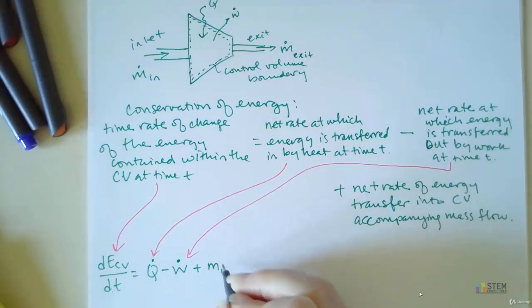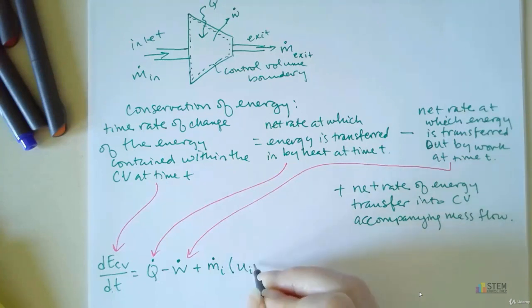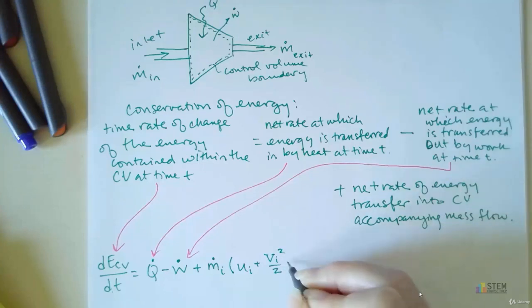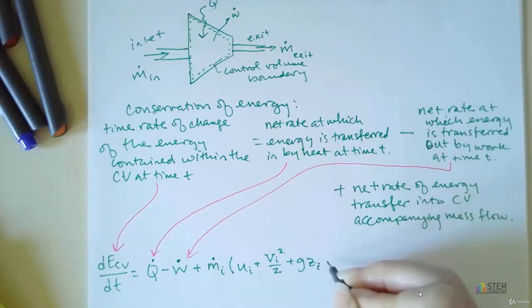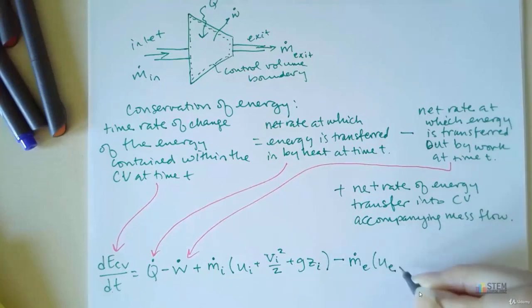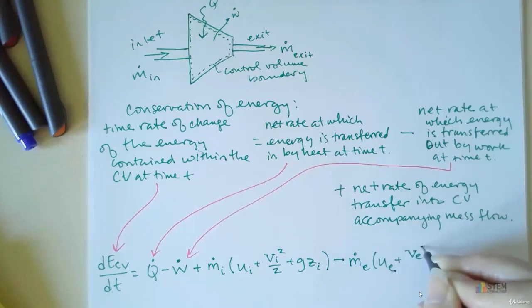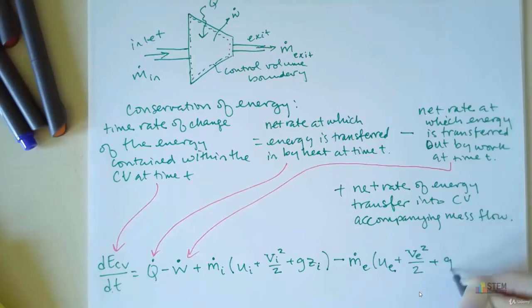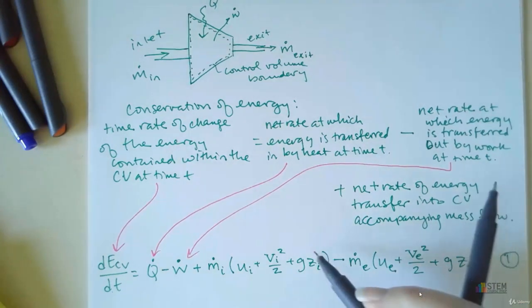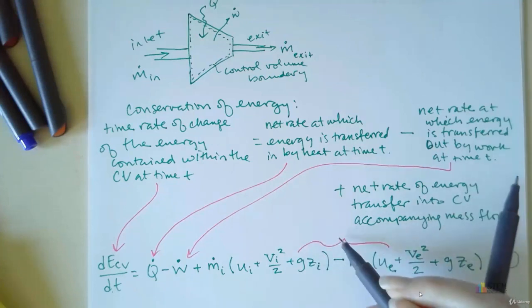This one we're going to have m_i dot, so this is for the inlet, times u_i plus v_i squared over 2 plus g z_i, minus, now we've got to look at the exits, m_e dot times u_e plus v_e squared over 2 plus g times z_e. This is going to be equation 1. So these two together are from this.